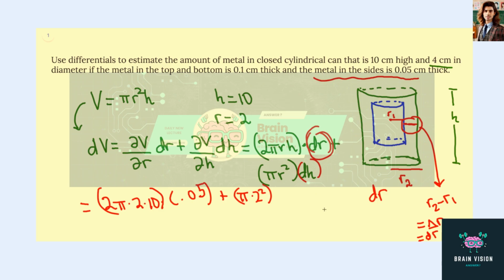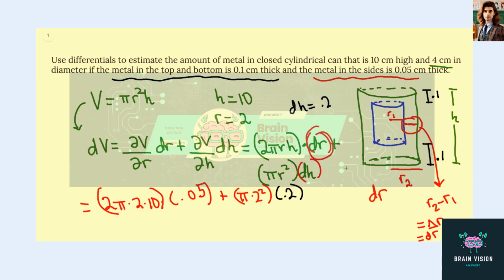Here we'll have to be a little more careful, because we're given that the metal in the top and bottom, for each, the top and the bottom, the change in height is 0.1. Putting those together, the entire change in h is 2 of these, so that'll be 0.2.